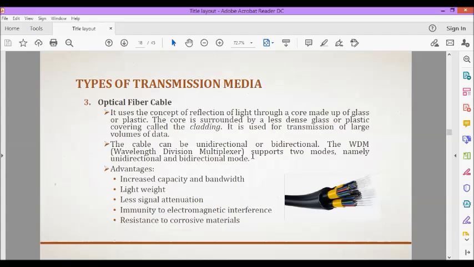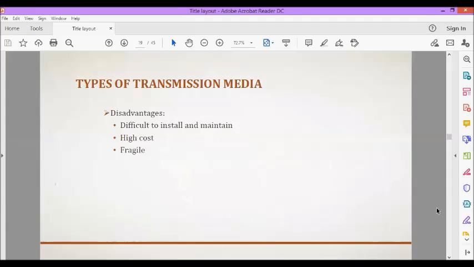The wavelength division multiplexer supports two modes, namely the unidirectional and bidirectional mode. Its advantages are the following: increased capacity and bandwidth, lightweight, less signal attenuation, immunity to electromagnetic interference, and resistance to corrosive materials. The drawbacks are that it is difficult to install and maintain, high cost, and fragile.